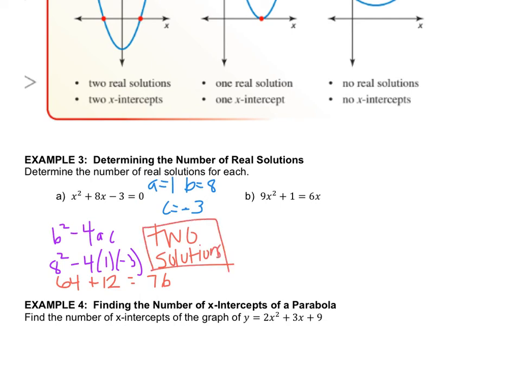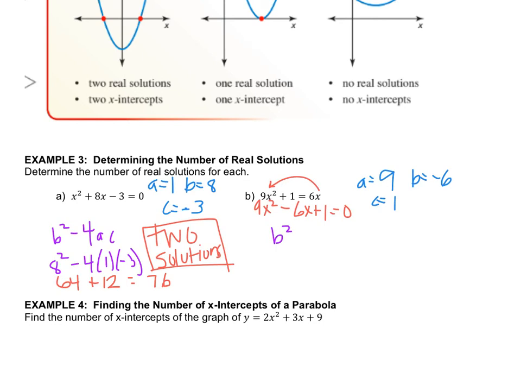In letter B, we have to move the 6x over first, so we'll get 9x squared minus 6x plus 1 equals 0. Now I can use the ABC. So A is 9, B is now -6, and C is 1.